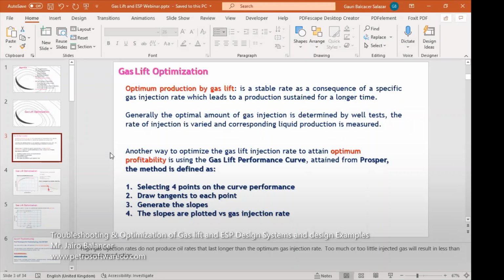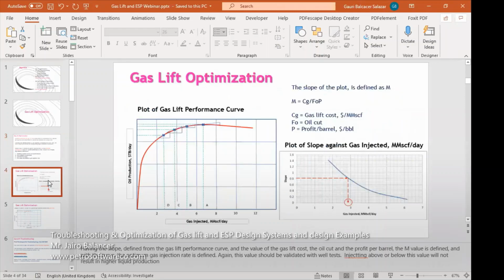So the target is to get the maximum production. That's the target. Here we have the red curve. This is the plot of the gas lift performance curve, which we get from Prosper. We run some tests and get some points like A, B, C, D, and for each point we draw the tangent and get the slope.